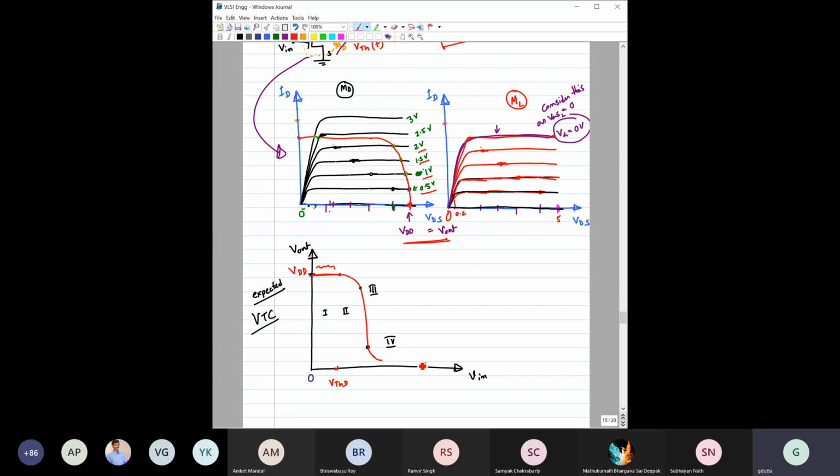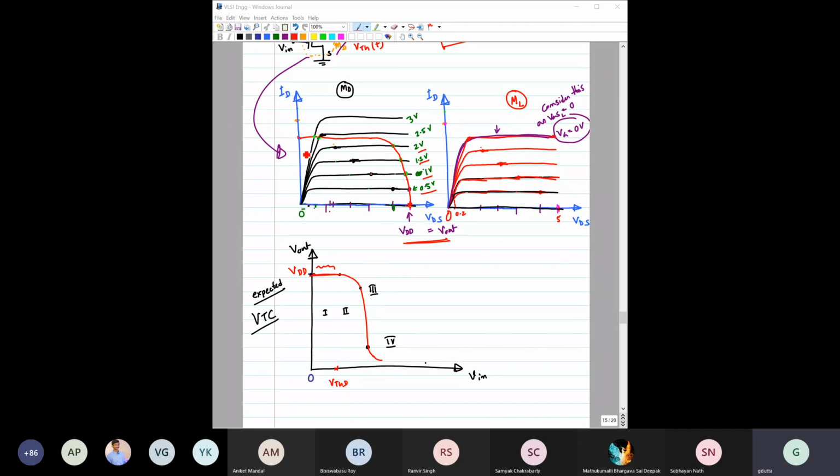Now, who can comment what would be the value of VOL dash? Can it reach 0? No, sir. It can't, right? Because again, the same thing you can see here.